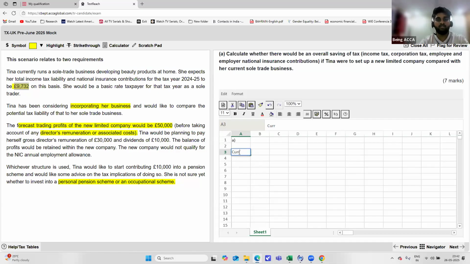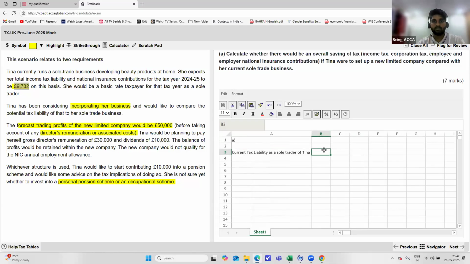So let's mention that down: the current tax liability of Tina as a sole trader, and the amount is 9,732. You can always copy that down from here.